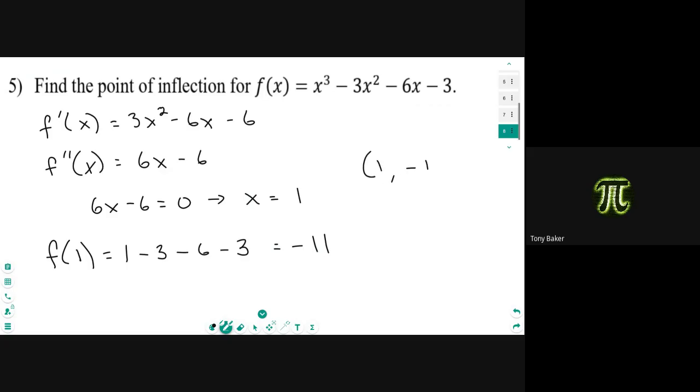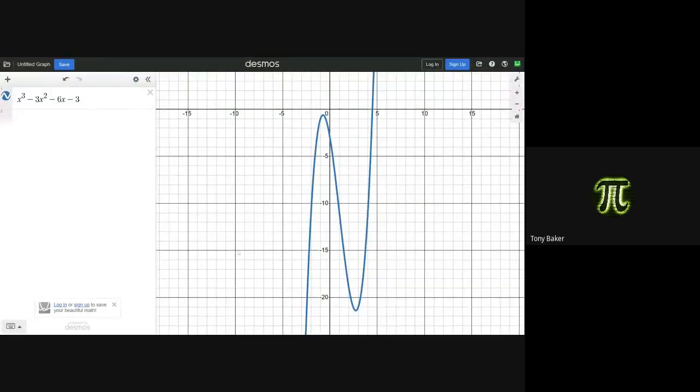So the point is at (1, -11). And if we look at the graph, it's going to switch right around there. And that makes sense.